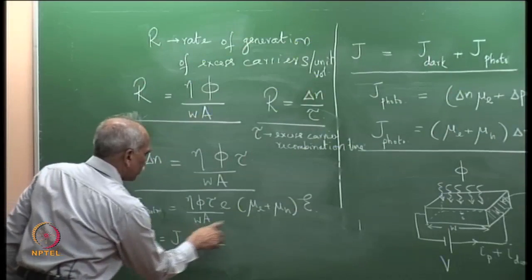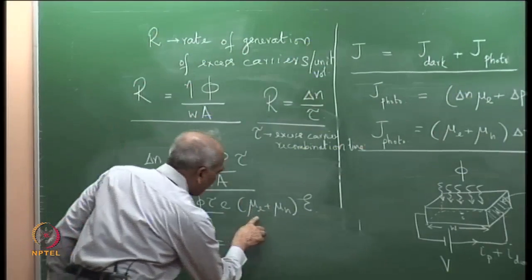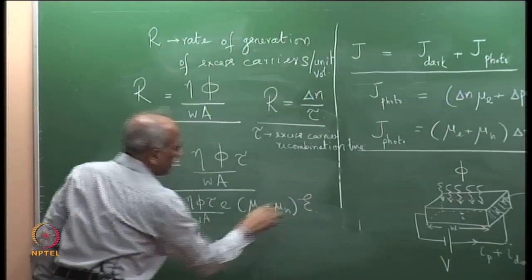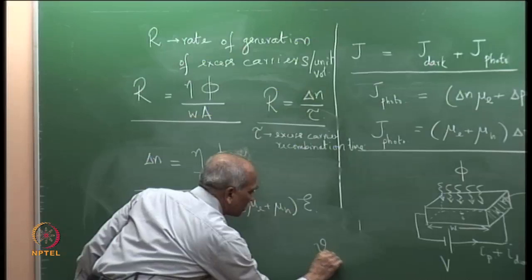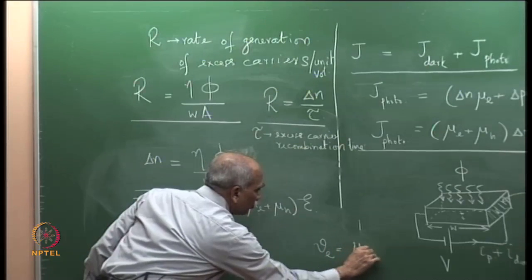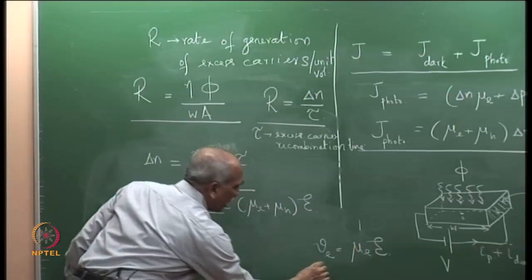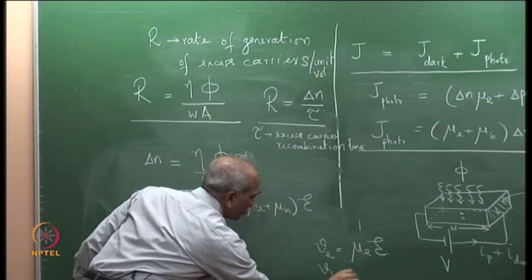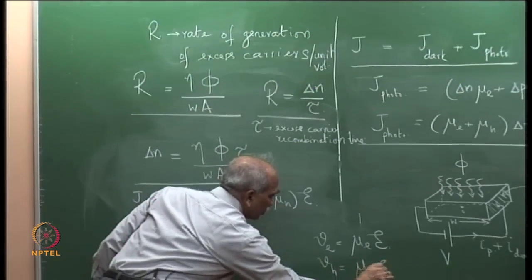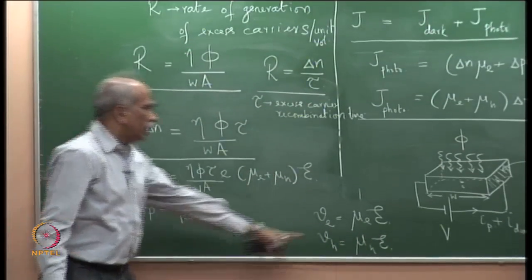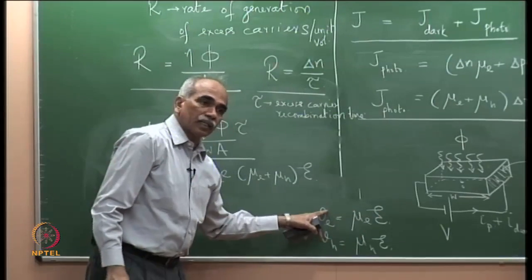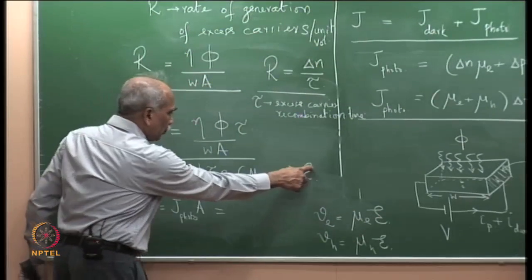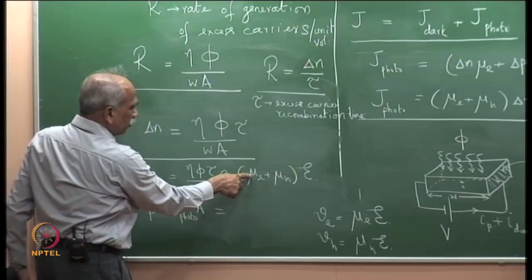Now, mu e into E, what is mu e into E? If you recall, the velocity of carriers v e is equal to mu e into E and v h is equal to mu h into E. If E is the electric field and mu is the mobility, then the velocity of carriers is given by this. So, mu e into E is simply v e.